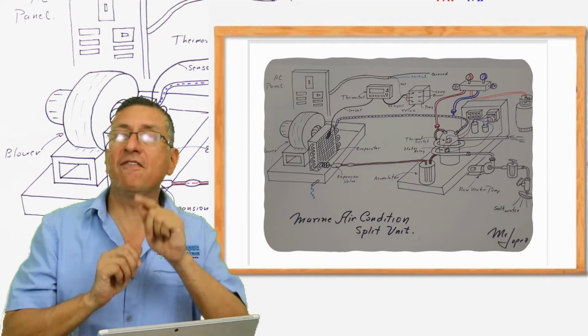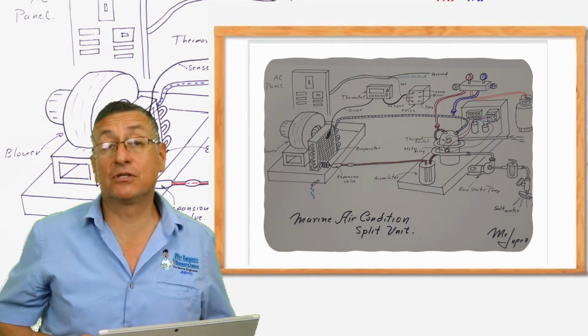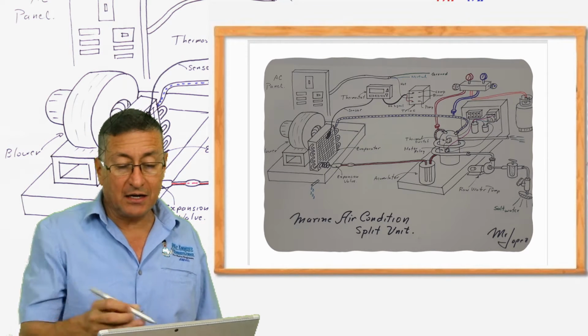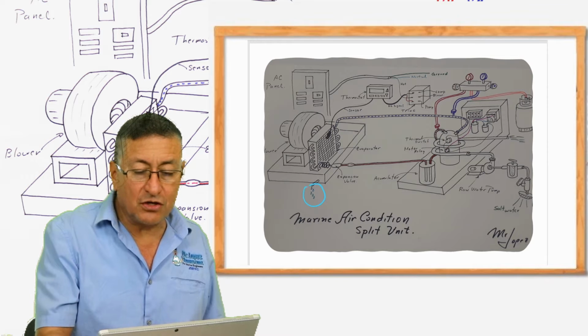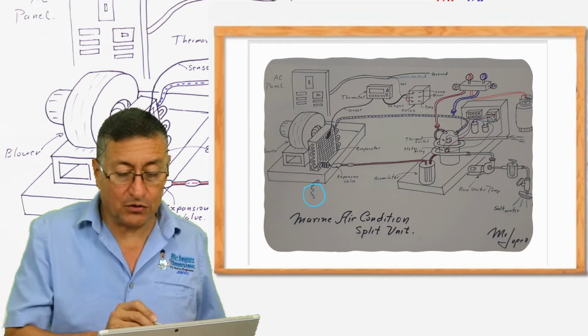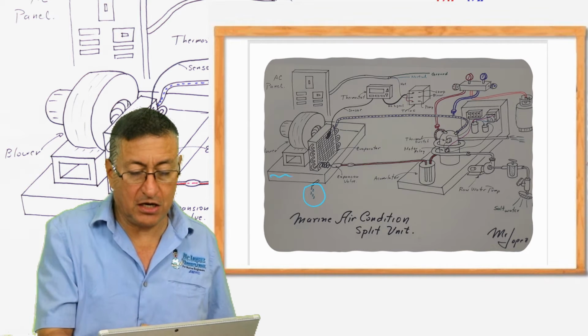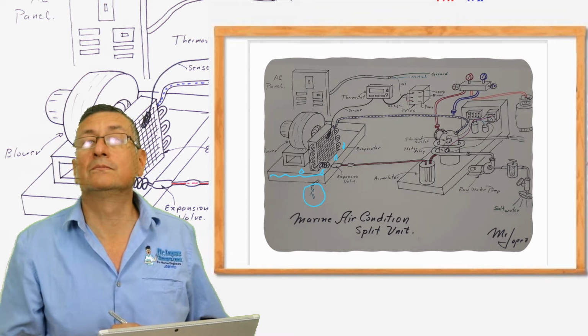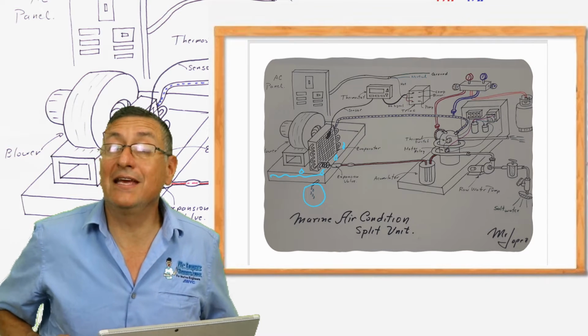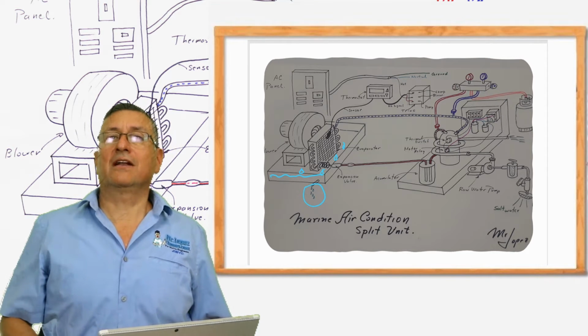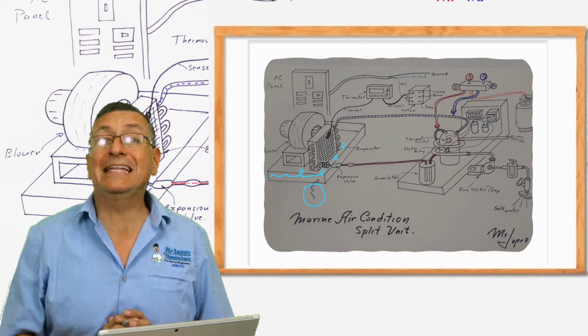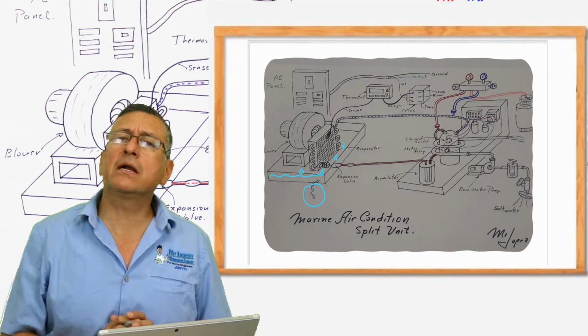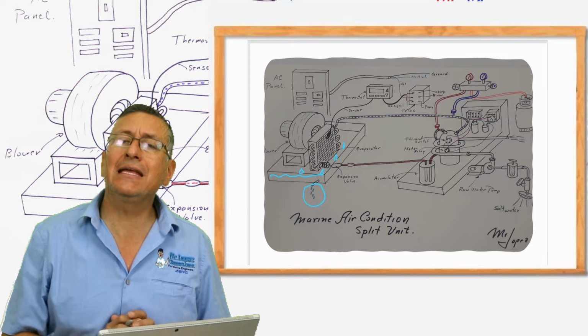Because it absorbs heat in the evaporator, here you have condensation, fresh water accumulated from condensation. Yes, in the evaporator the refrigerant absorbs heat, and where does the refrigerant release heat?